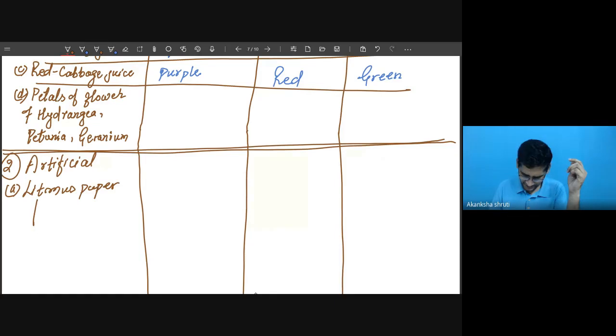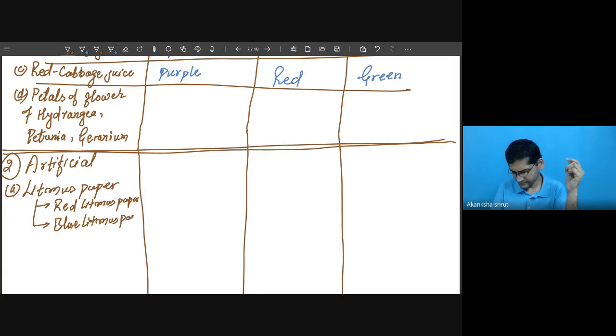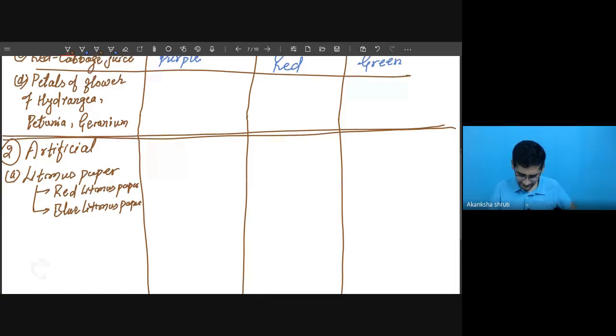So this litmus paper, one is called red litmus paper and another one is called blue litmus paper. Student, this is artificial litmus. So in this case, it is the litmus juice or the juice of lichen, which is purple in color, plus some external dye or artificial dyes.